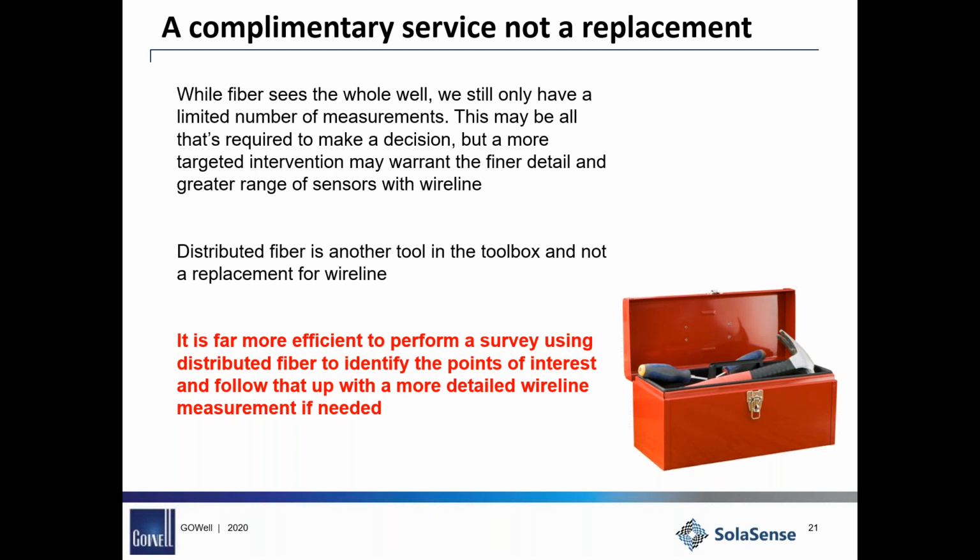So it's another thing to add to the toolbox. It is absolutely not a replacement for conventional. The objective here is to try and be more efficient and effective at diagnosing well problems, and so adding this piece of information really does bring something new to the table.